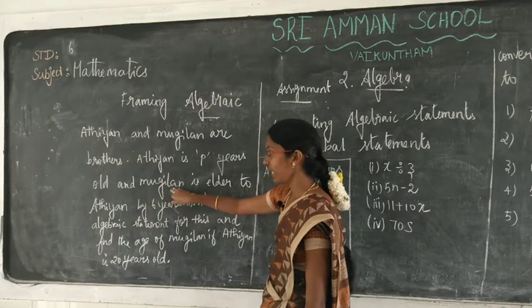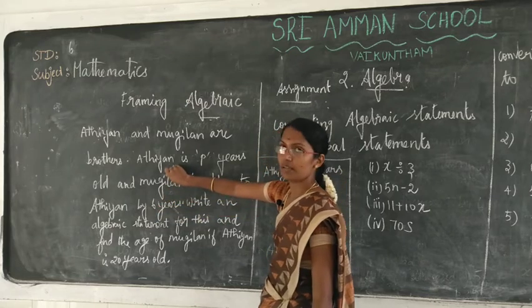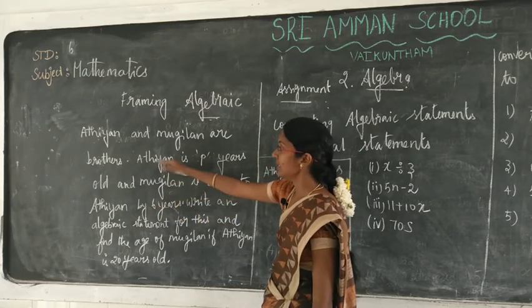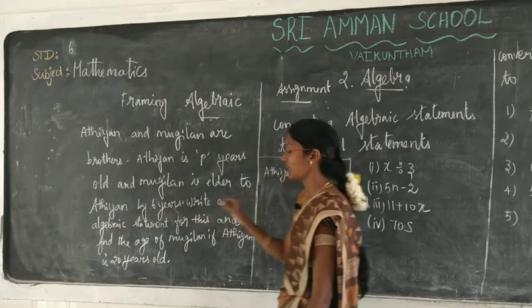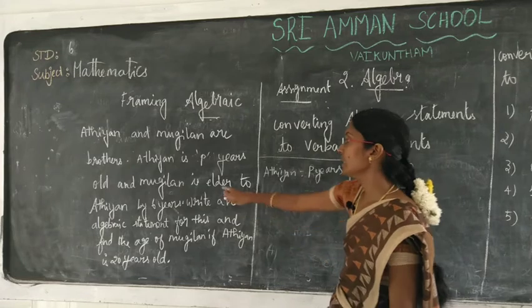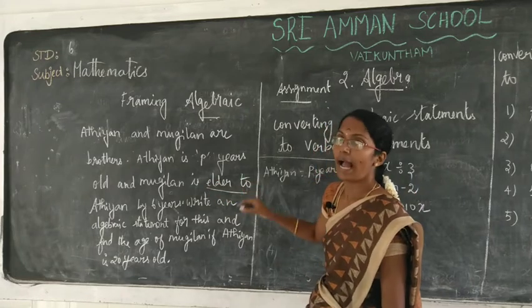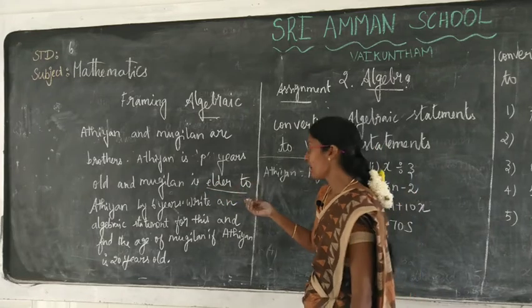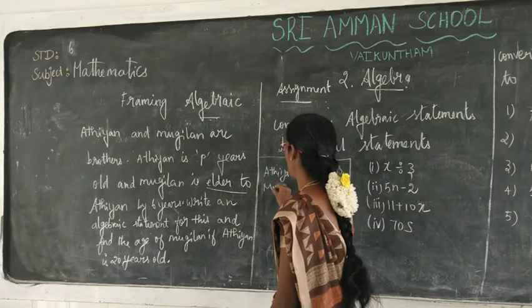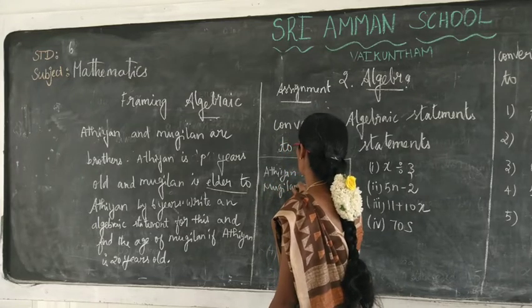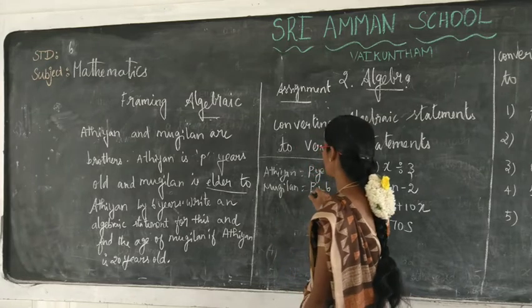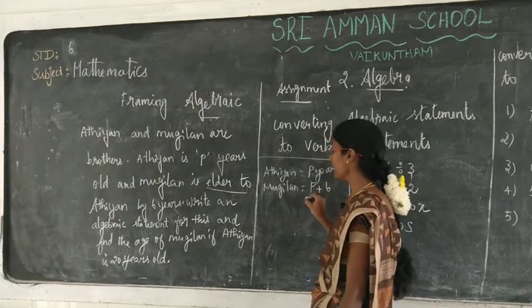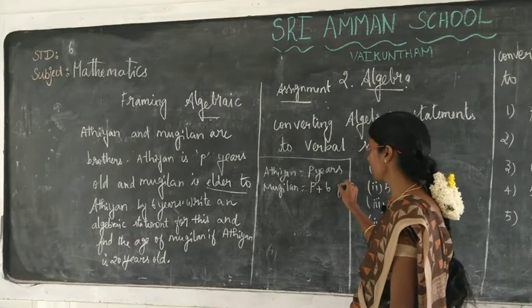So Mugilan is the elder brother. How many years elder? 6 years elder. So how will you write? Elder means what? Added, sum of. So Mugilan is 6 years elder to Adiyan. So P plus 6 years.